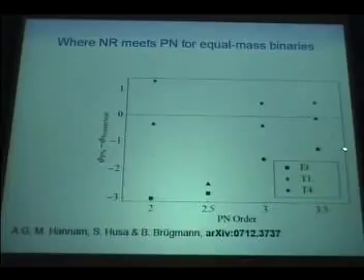But we know that if you match PN with NR around 10M, you will see that there's hardly any difference in any of these templates. It will be small differences, but you can't explain what we have seen. You know what I'm saying? So it's not even at 6, it's somewhere closer.